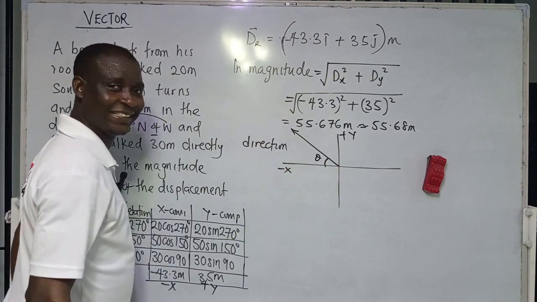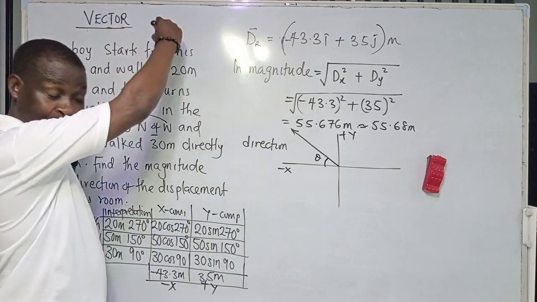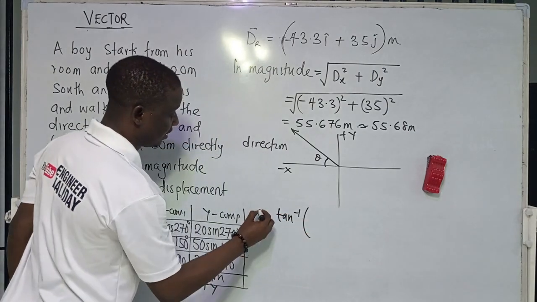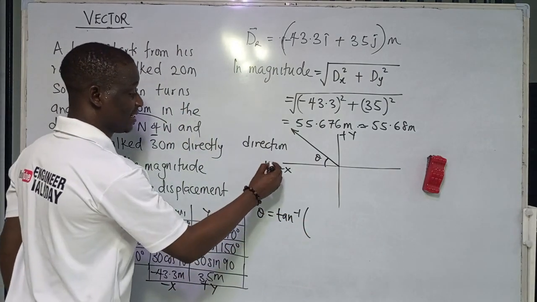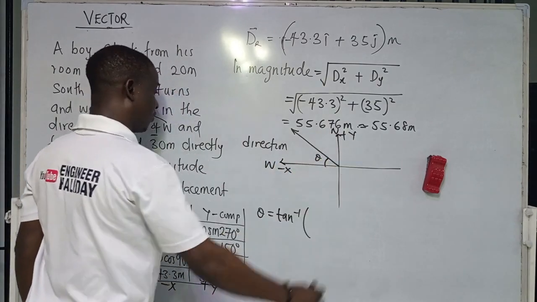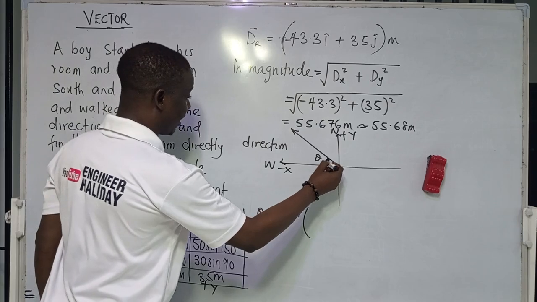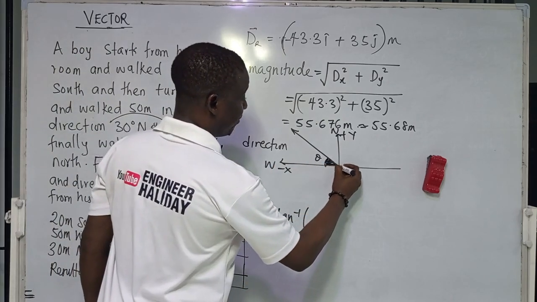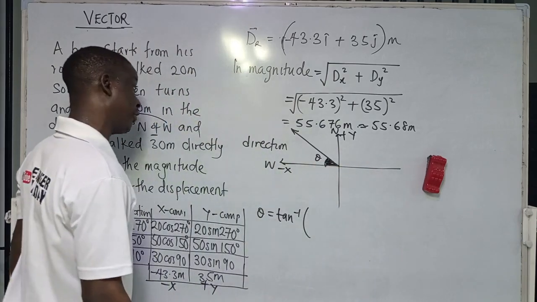If that is the direction, it is in the second quadrant between west and north, and the reference line must be along the horizontal for the direction.